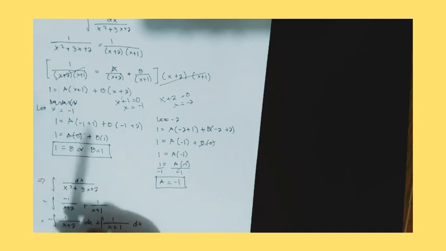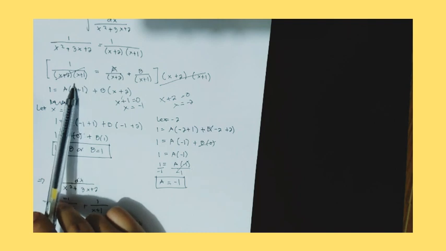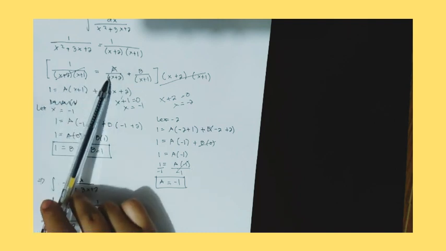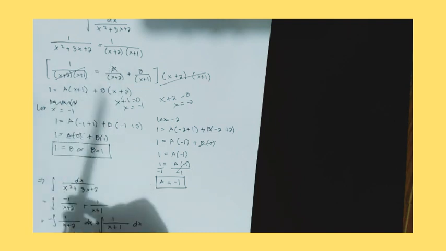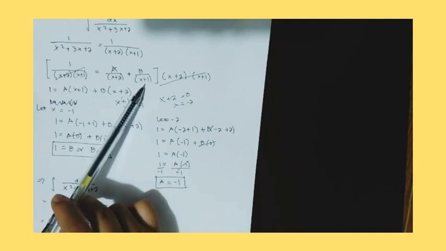Then 1 over x plus 2 times x plus 1 is equal to A over x plus 2 plus B over x plus 1.